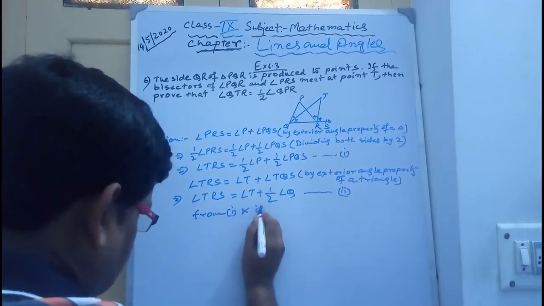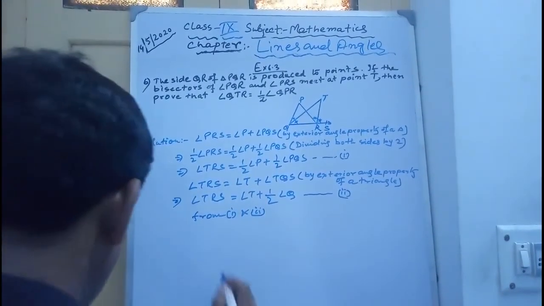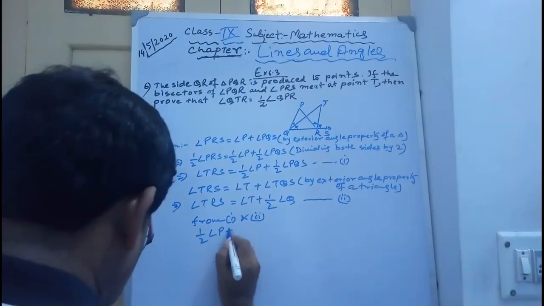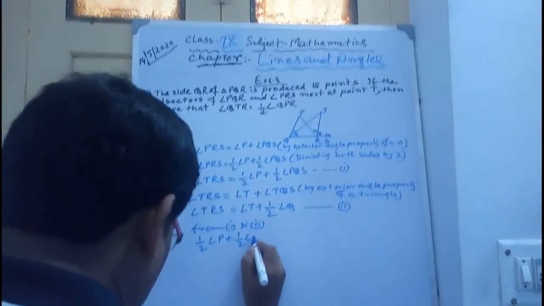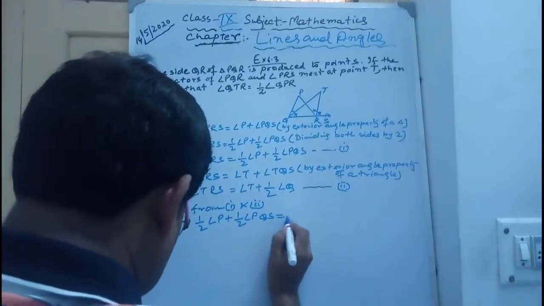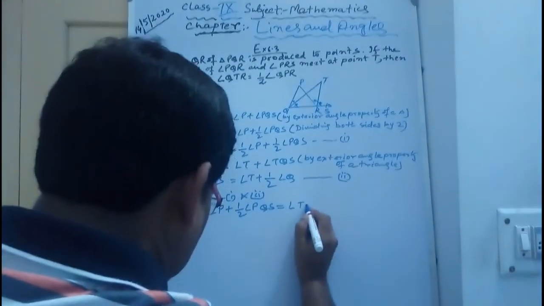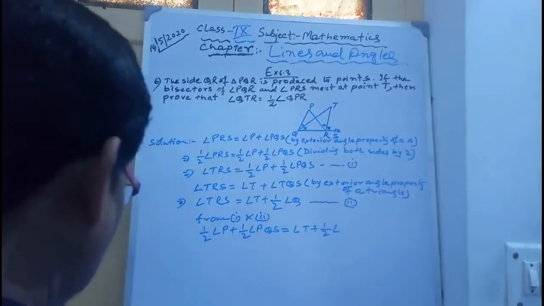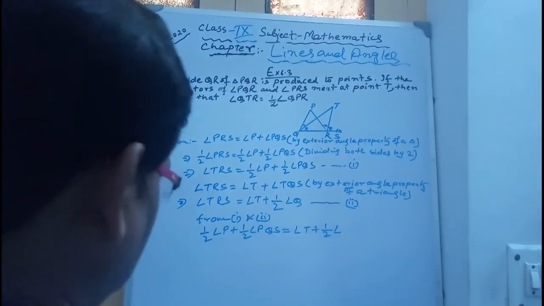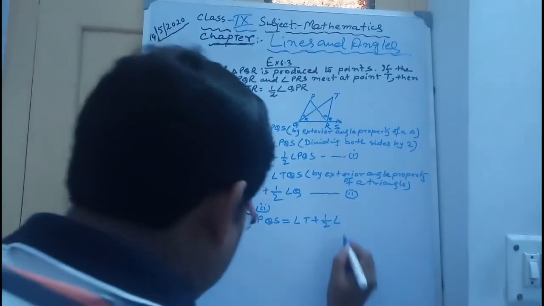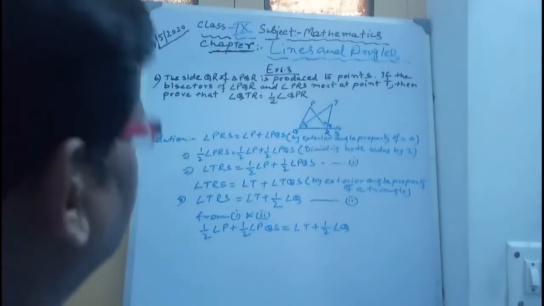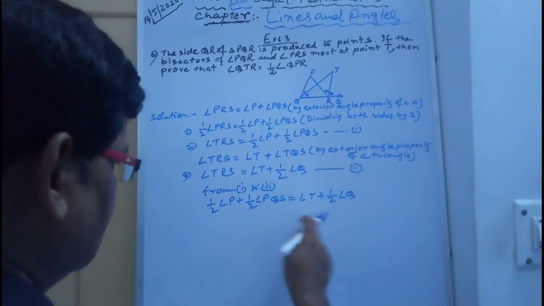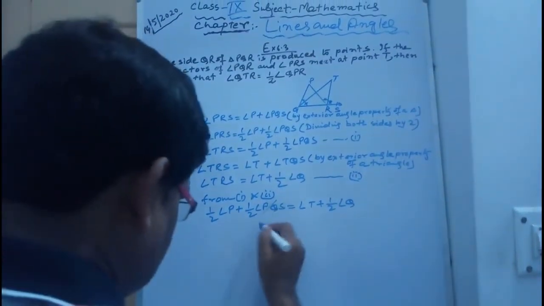So from 1 and 2, half angle P plus half angle PQS equals angle T plus half angle Q. Angle PQS and angle Q are both the same, so cancel them.